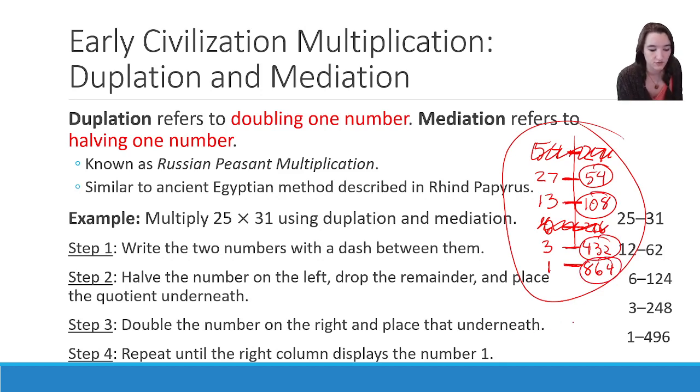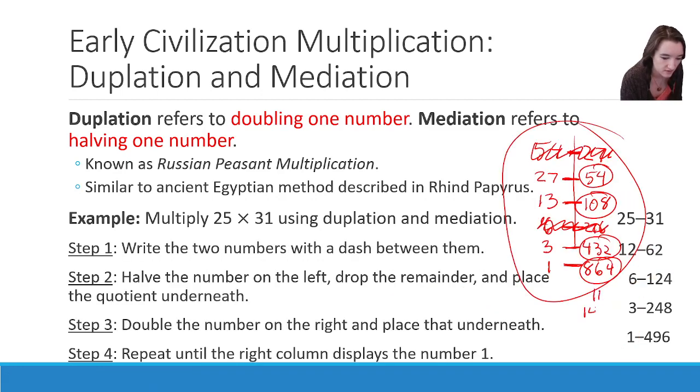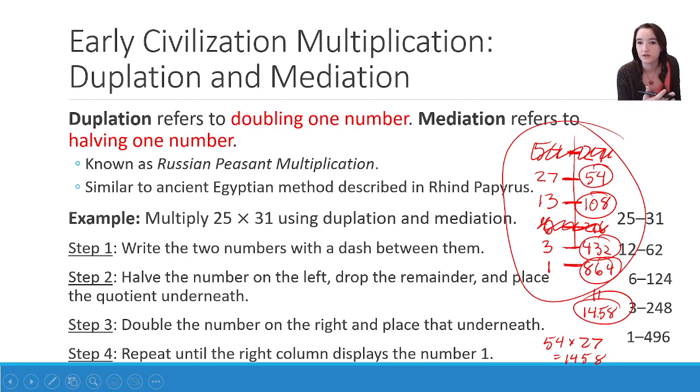So adding all of those numbers together, I'm going to get 1458. And then if we go back and check what is 54 times 27 actually on my calculator, it is in fact 1458. So if you're doing this, you want to understand the method, but you also will have a calculator on you so you can check to make sure you're getting it right.